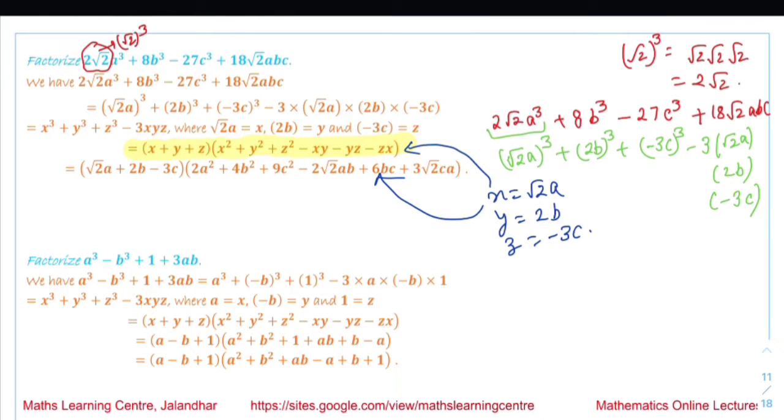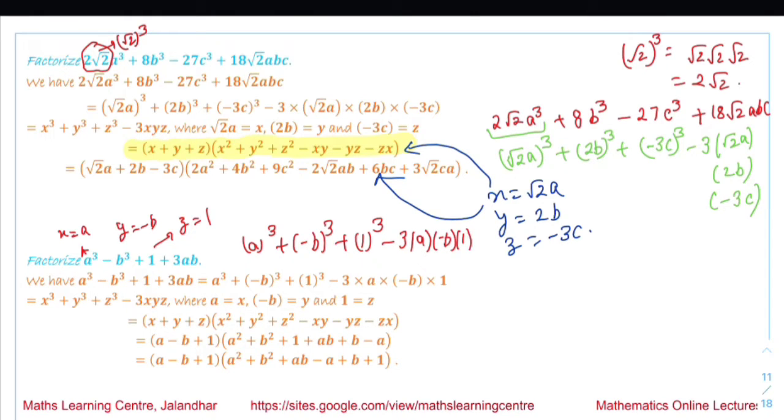So what values of x, y, z do we have over here? It is x is equal to a, y is equal to minus b, and z is equal to 1. Then this will be a cube plus minus of b cube plus 1 cube minus 3 times a into minus b into 1. This question becomes in this form.